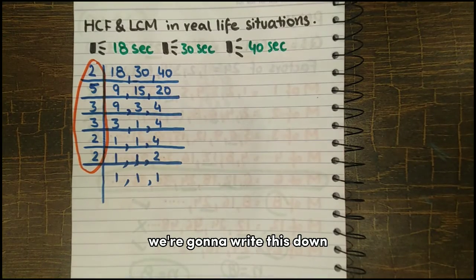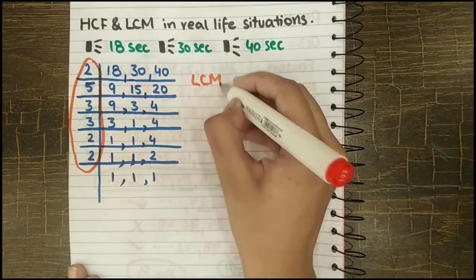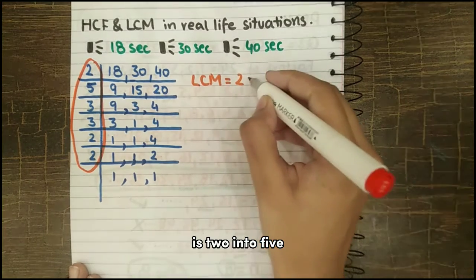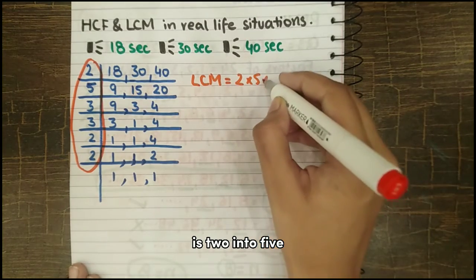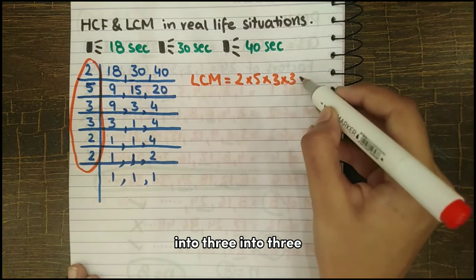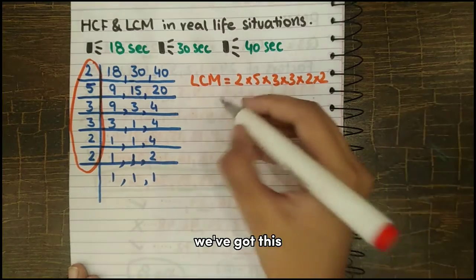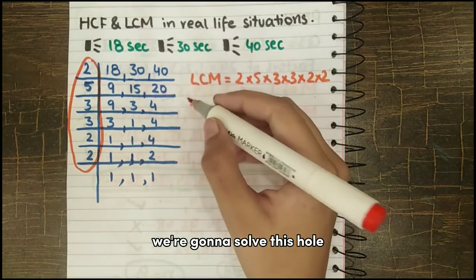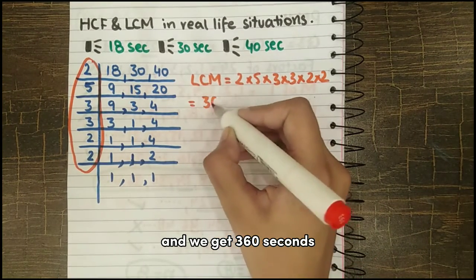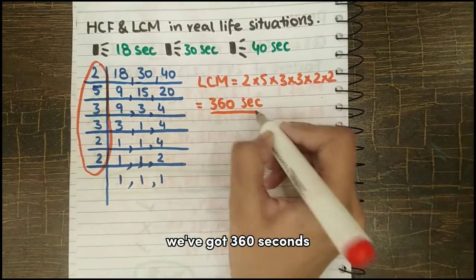So what are we gonna do? We're gonna write this down that the LCM is 2 into 5 into 3 into 3 into 2 into 2. We're gonna solve this whole and we get 360 seconds.